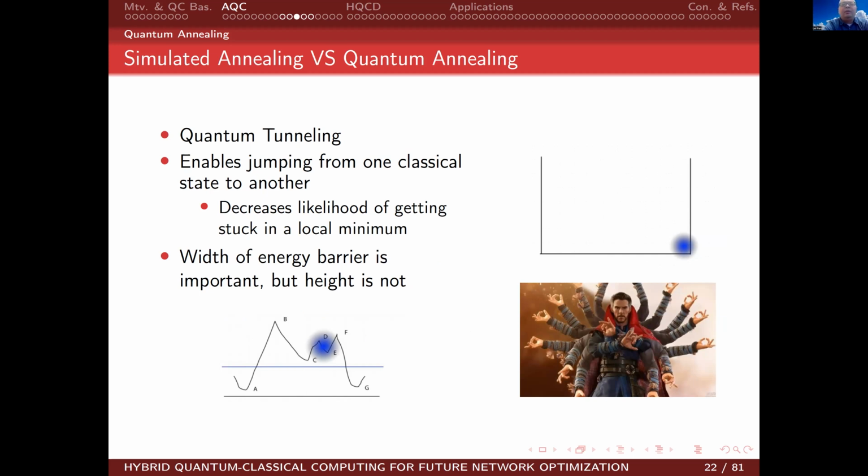When we have a superposition, it has a chance to pass the barrier with some probability. This kind of effect we call quantum tunneling. The good side of quantum tunneling is that it can help us escape from the local optimum.